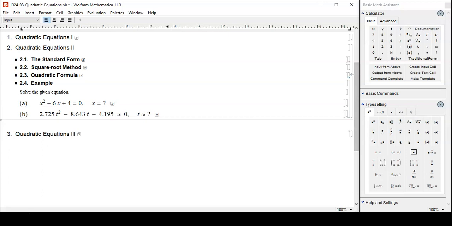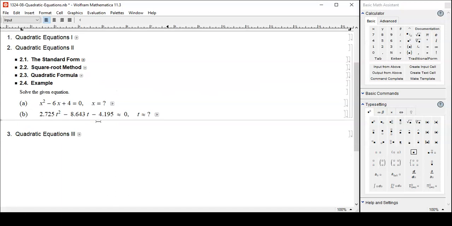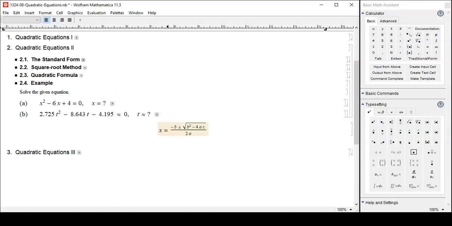We're going to need the quadratic formula, so let's come back, copy and paste this thing, and then let's do this. By the way, this must be coming from some modeling problem, so nothing is accurate.